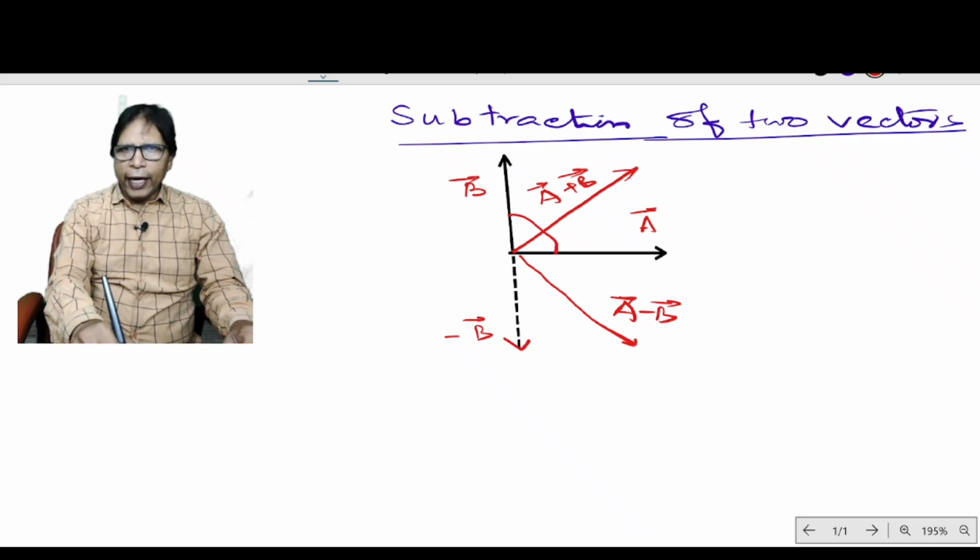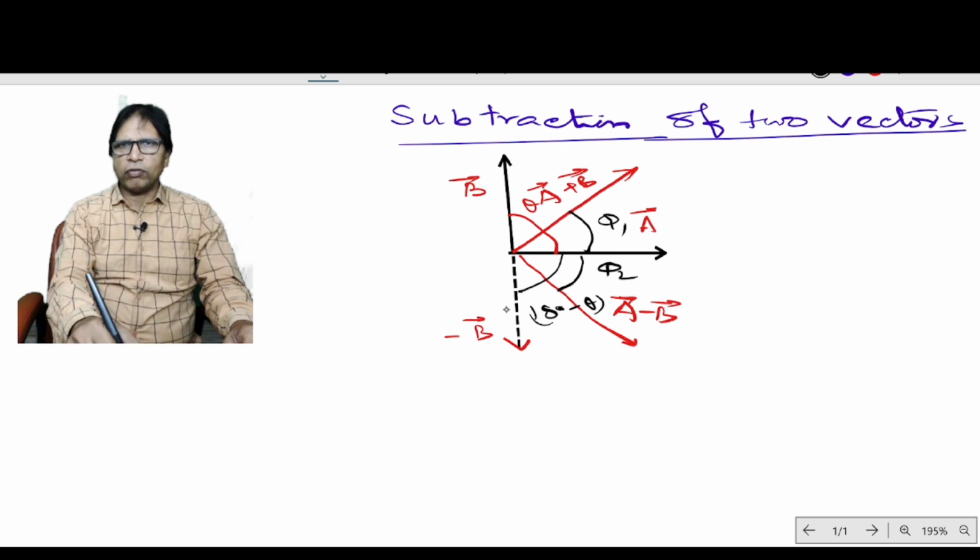If this angle is theta, then this angle becomes 180 degrees minus theta. This angle is phi 1 and this angle is also phi.